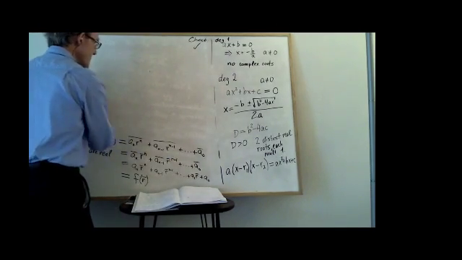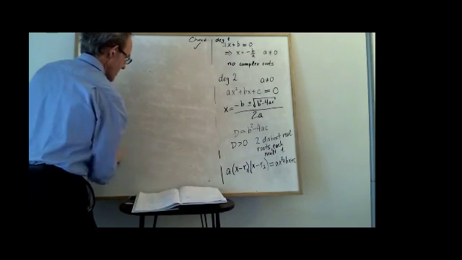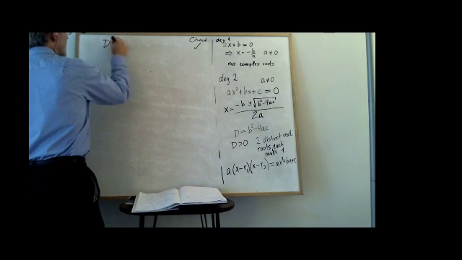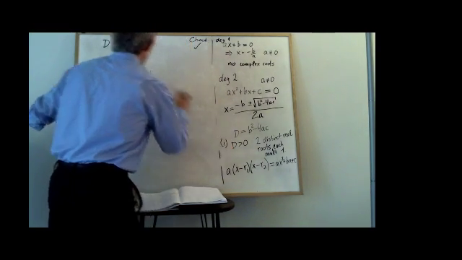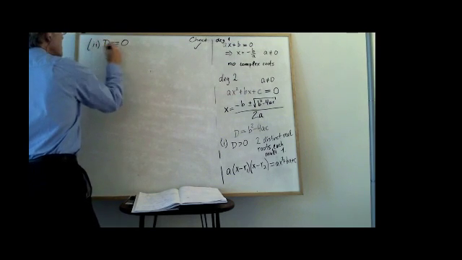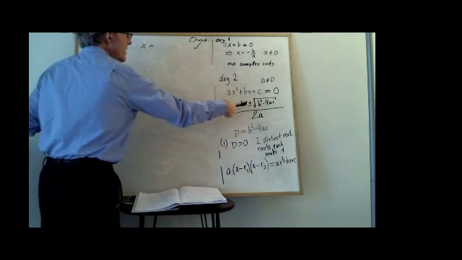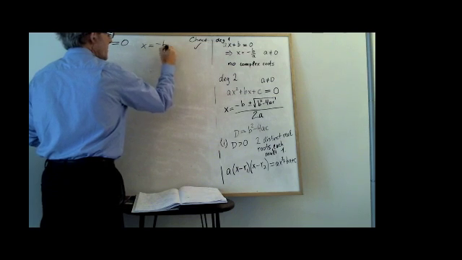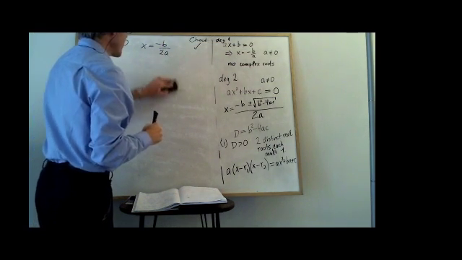The second case is where D is equal to 0. Then you have only one real root. It will be minus 2b over 2a, but it will be repeated. It will have multiplicity 2.